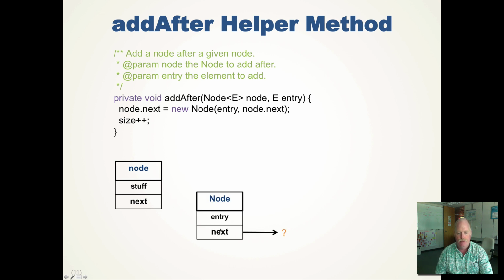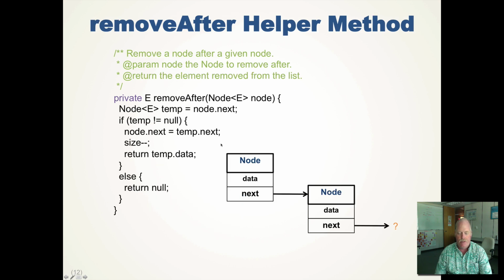So we have the entry, the next pointer is pointing to what node's next was, and now we have to point node next to it, thus inserting this new node into the list. And because we inserted the new node into the list, we increment the size. We didn't have to shift anything in the linked list. They are all in the same order as they were, except for this new node is inserted after the node we were given.